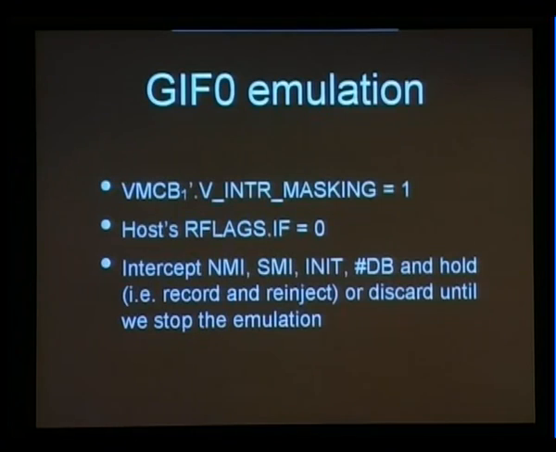So in every CLGI and STGI handler, we modify these values in the VM interrupt masking. So we actually mask the interrupts in the guest, and we also handle DBs, and we modify these fields in the VM control block when the nested hypervisor should receive the information about global interrupt flag, that it should be set to 1. So all the interrupts should be enabled.